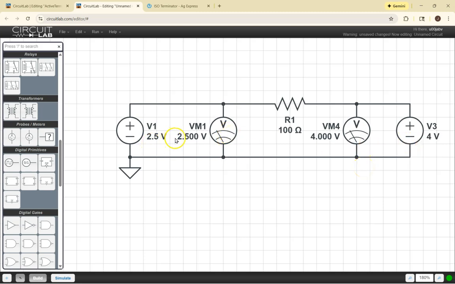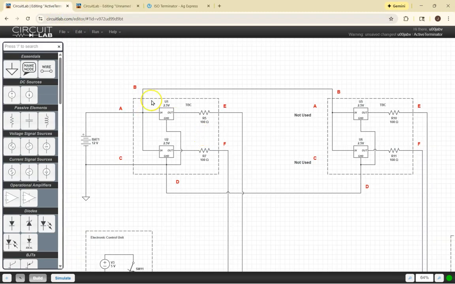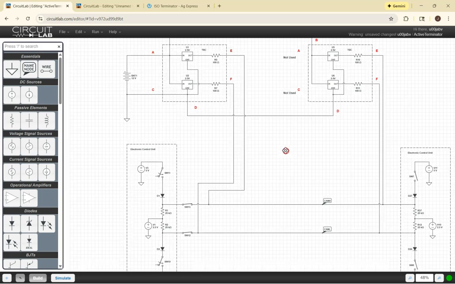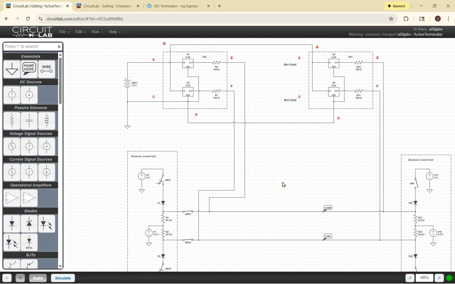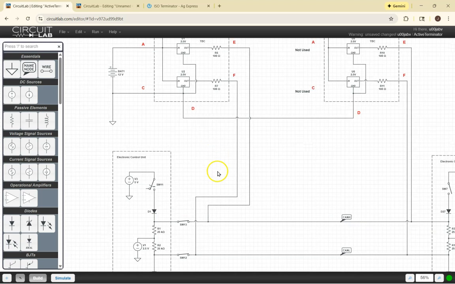We can see that it's able to hold this at 2.5 volts. That lets the voltage back here on the CAN bus go either to 2.5 volts or something up near 4 volts, which are the typical ranges for a dominant and recessive bit. The same thing for CAN low.